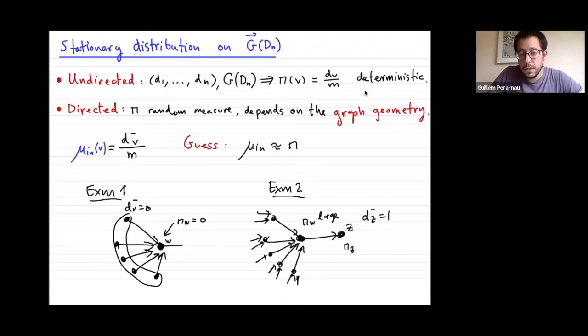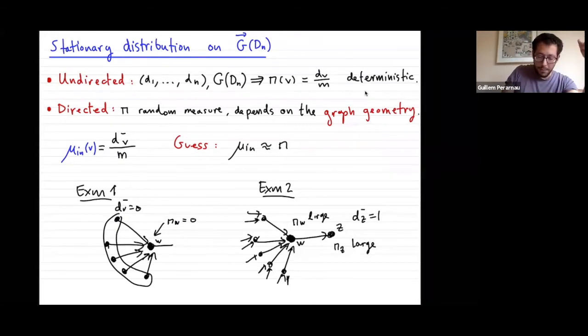But this one, for some reason, is getting all the mass that W had. So pi of Z is also going to be large. I'm not saying that this is going to happen for a random graph, but in a deterministic setting, you could graph some examples with very large in degree but very small pi, or examples with very small in degree but very large pi. So it's also not clear why these two things maybe are similar.